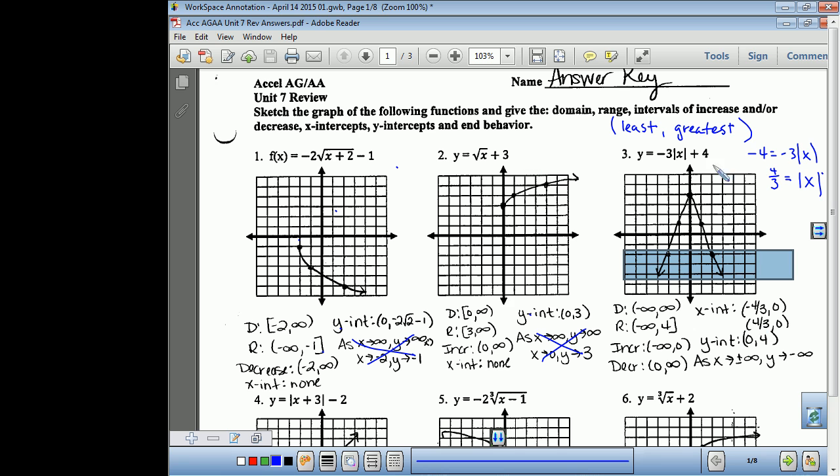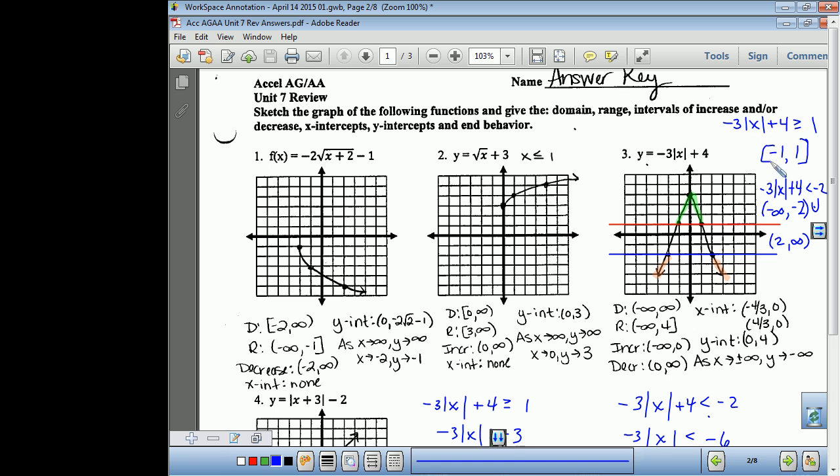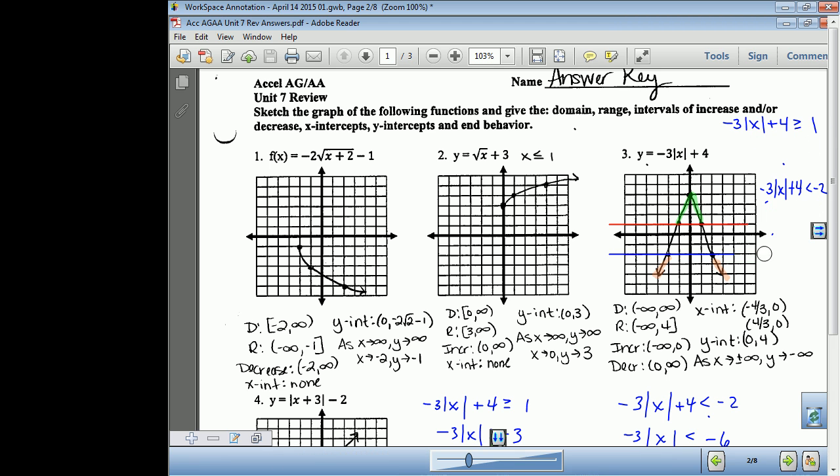Now, we can use this same kind of absolute value graph to solve absolute value inequalities. Okay, so here I have number 2. Let me erase all the answers real quick and remind ourselves how we would solve this with a graph.